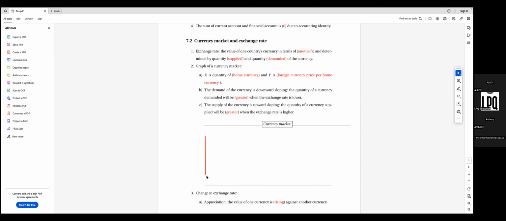And this is a currency market between, let's have an example here, India and the USA.